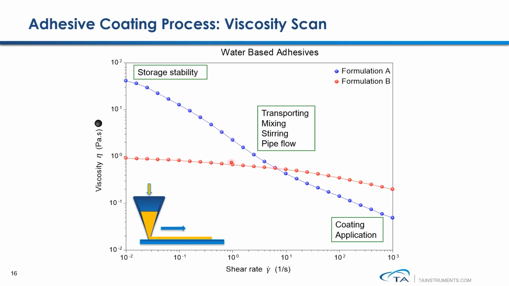Under moderate shear conditions, which correlate to transportation or mixing or stirring, both formulations show similar viscosities. But under high shear coating application conditions, the blue formulation exhibits much lower viscosity compared to the red formulation. That tells you that this blue formulation is a lot easier to use, easier to spread to a thin layer.